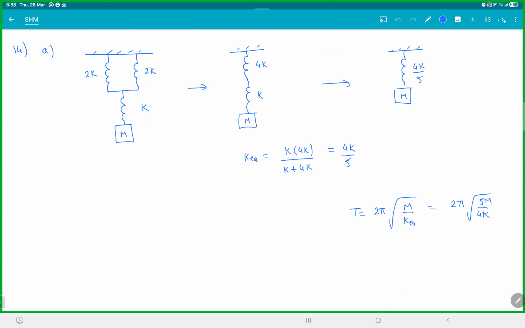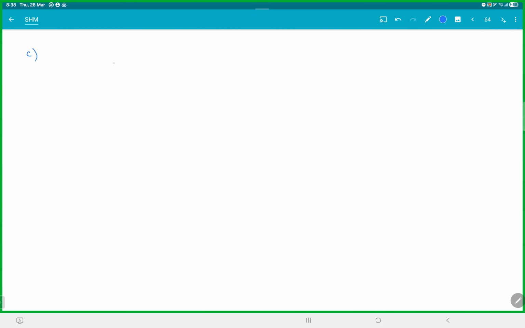Great. Let's see a few more. Let's say we have a block here. We have 3 springs here, K1, K2, K3. There is a floor at the bottom. I'm not drawing it. Find the time period. We have a spring here, we have a block here, we have a spring here.